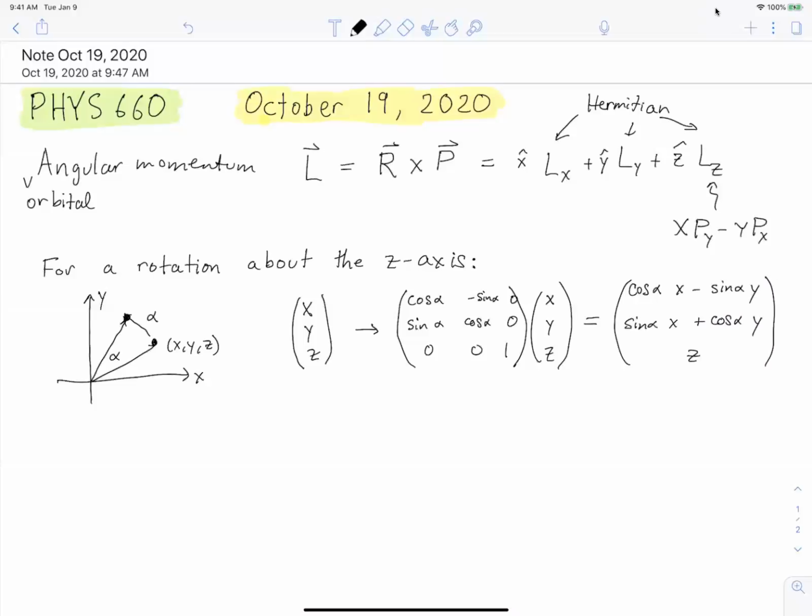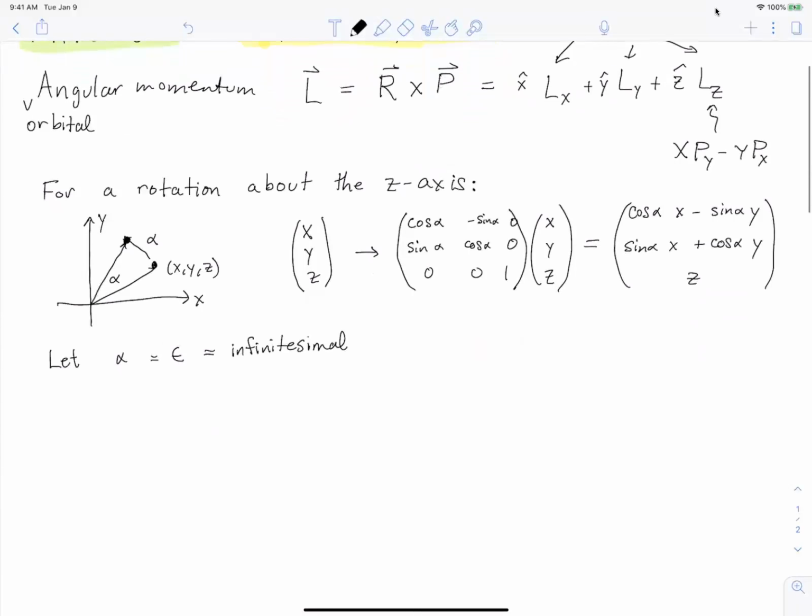And now we're going to take the special case that alpha is actually infinitesimal. So we're going to call it epsilon as a reminder that it's infinitesimal. And the good thing about that is then these trigonometric functions become simpler. So cosine of alpha is 1 minus epsilon squared over 2 plus an epsilon to the 4th term.